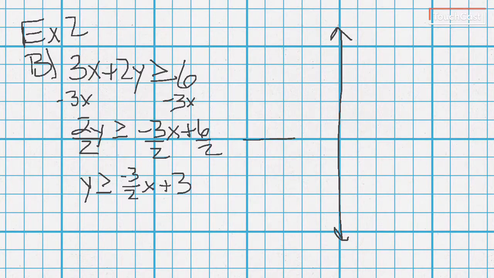So we make our xy plane. My y-intercept is the plus 3, so I'm going to go down 3 and put a point. And then my slope tells me I should go either down 3, right 2, or I can go up 3 and left 2.